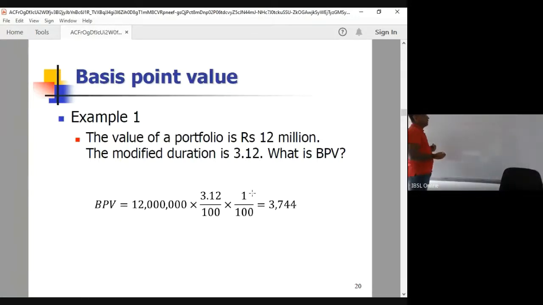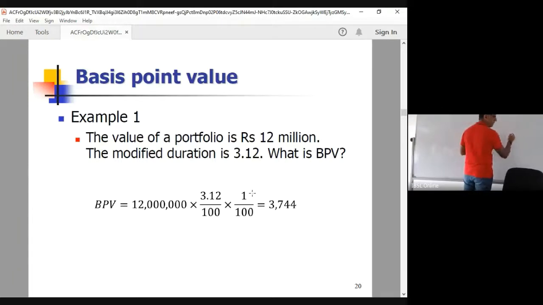Now here, 3.12% is 3.12 over 100. When you solve for this, you get a rupee figure: the basis point present value is 3,744. So what is it saying?